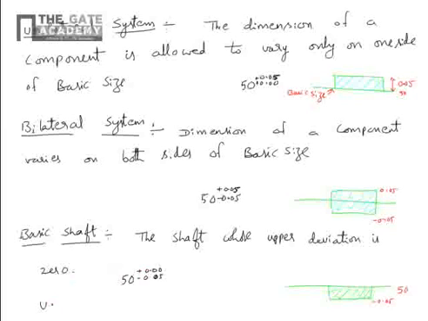So upper deviation is 0 because its upper limit is same as the basic size. Upper deviation equals upper limit minus basic size. Upper limit is same as basic size, so upper deviation is 0. It is called basic shaft.